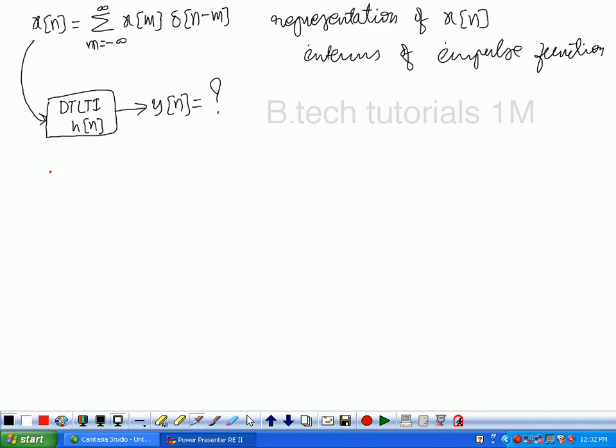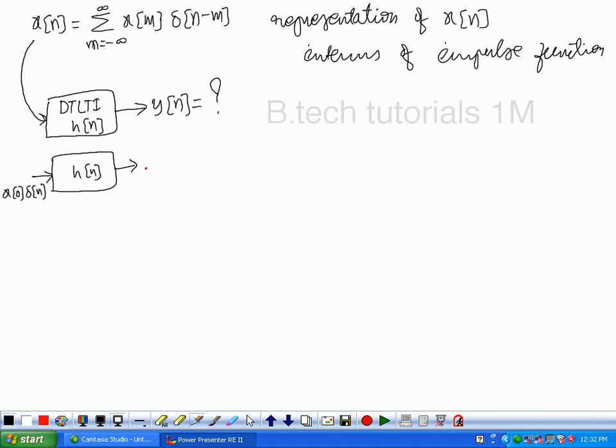So first you apply the first component. What is the first component here? x of 0 multiplied with delta of n. Now it is an LTI system.